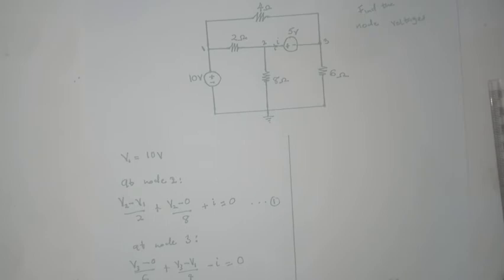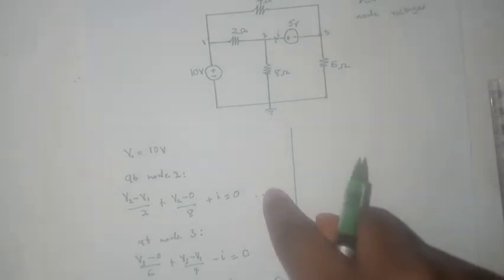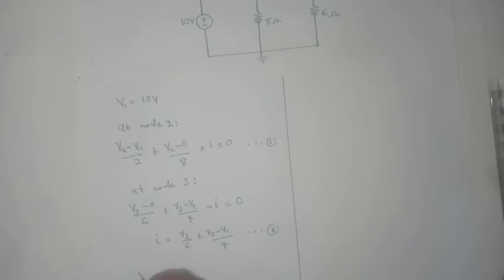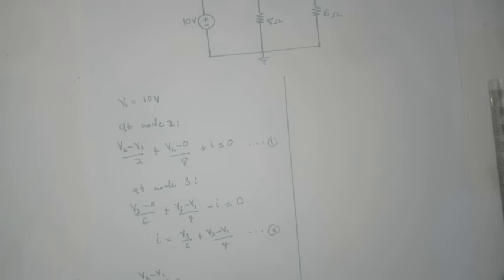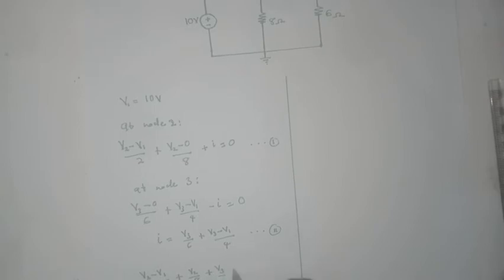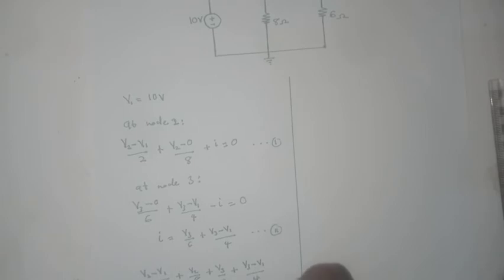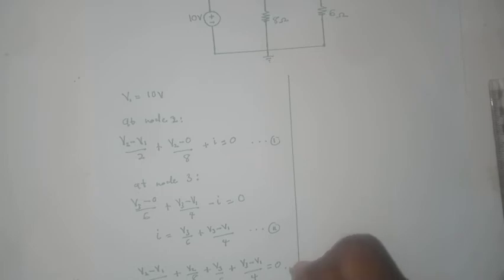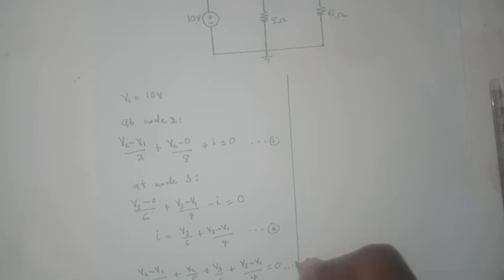Once we substitute equation 2 into equation 1, we get V2 minus V1 divided by 2 plus V2 over 8 plus V3 over 6 plus V3 minus V1 divided by 4. We equate everything to 0 and call this our third equation after we simplify it.